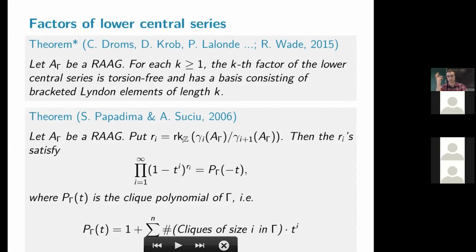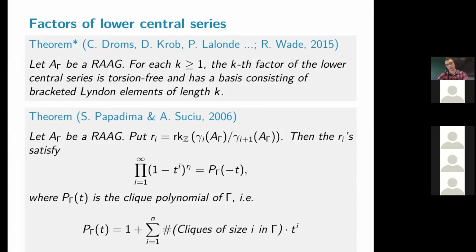So for working with a basis, you could use the result by Droms, Krob et al. But if you are simply interested in the rank, you can use this result to compute it. Although deriving the R_i's from this relation is also not an easy task, it gives some idea of what you can do, at least for the smaller values of i.